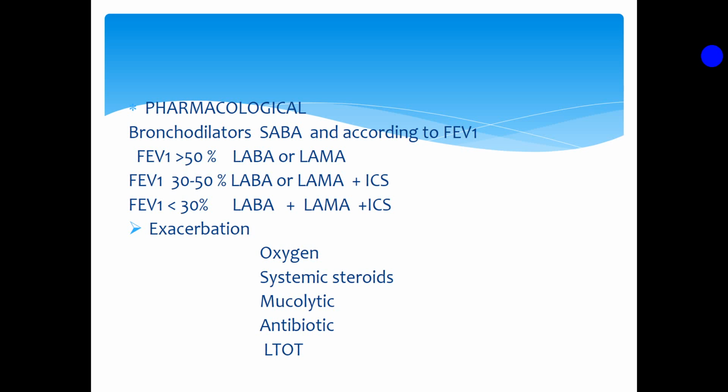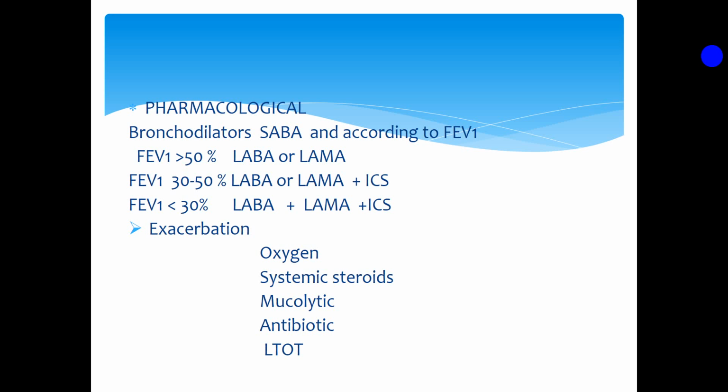second. If it's more than 50, you would give short-acting beta agonist with long-acting beta agonist or with long-acting antimuscarinic agonist. If FEV1 is between 30 and 50, LABA or LAMA plus inhaled corticosteroids.